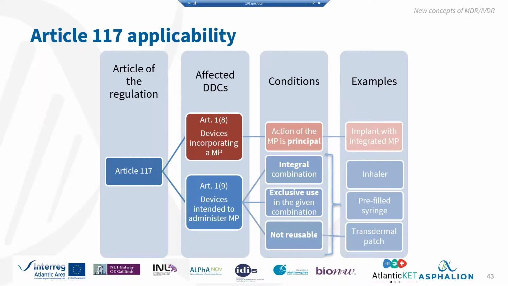Well, it has to be an integral combination, it has to be for exclusive use in the given combination, and it cannot be a reusable device. Okay, here we have some examples of devices that fall within the applicability of this article, which would be, for example, inhalers or pre-filled syringes or transdermal patches. Okay, all these kinds of devices have to fulfill this article.